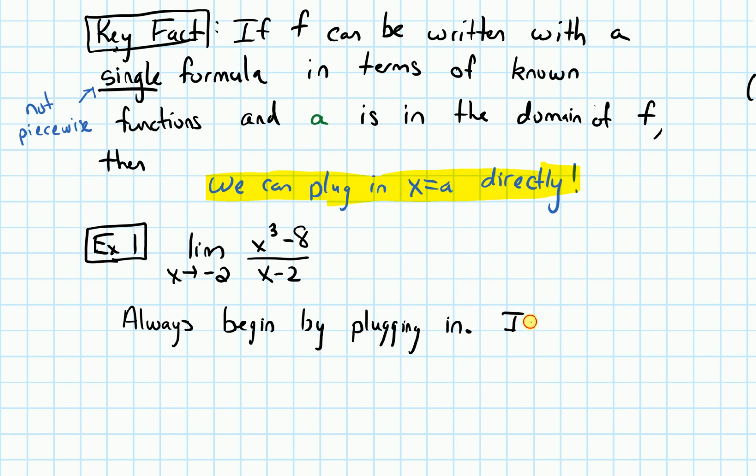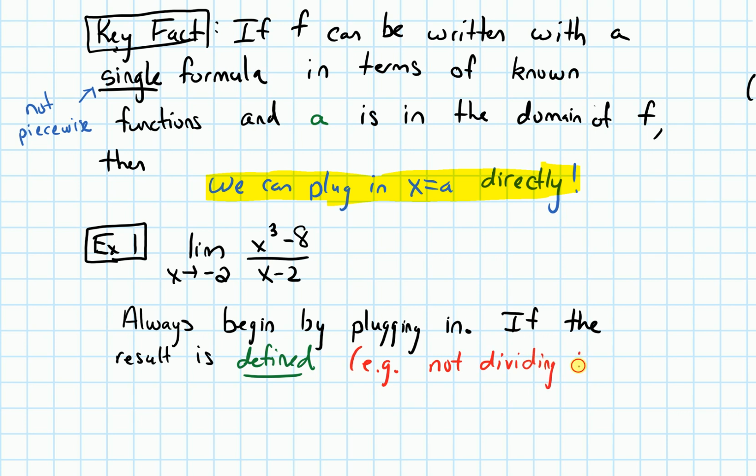And when we do that, if the result is defined, so for example, if we're not dividing by 0, or taking the square root of a negative, etc. Those are just a few things that can make something undefined.